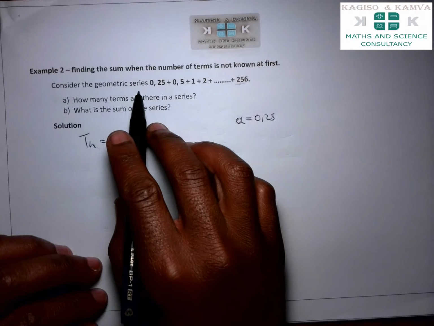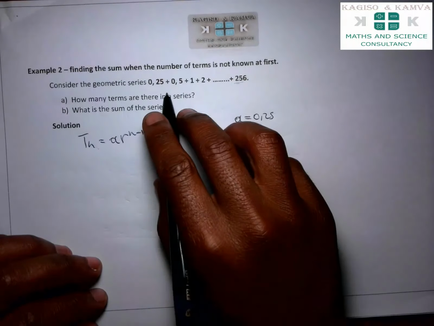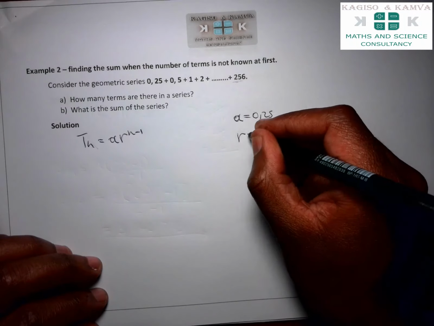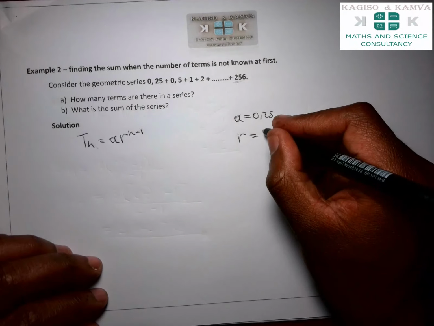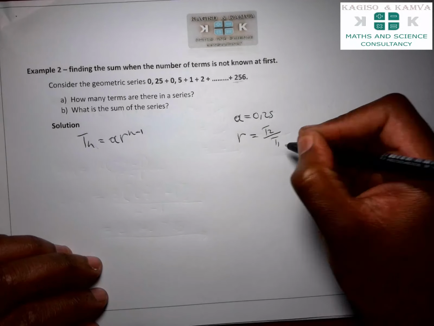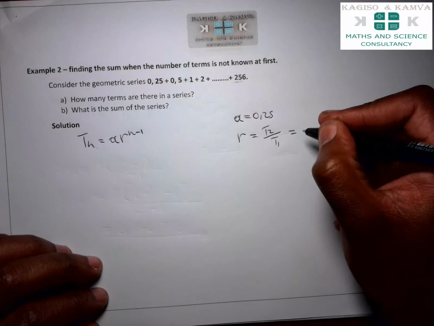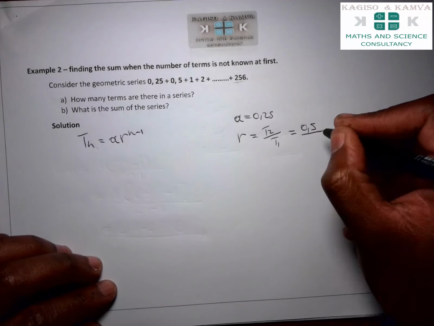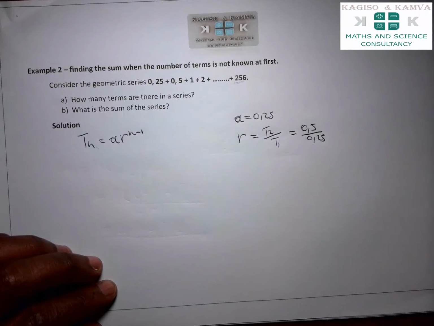What is a? a is equal to 0,25. We're told this is a geometric series, so it has to have a constant ratio. So the ratio is going to be T2 over T1, which is equal to 0,5 divided by 0,25.